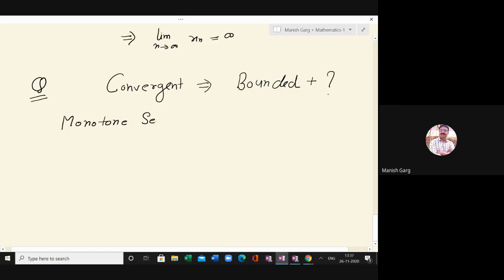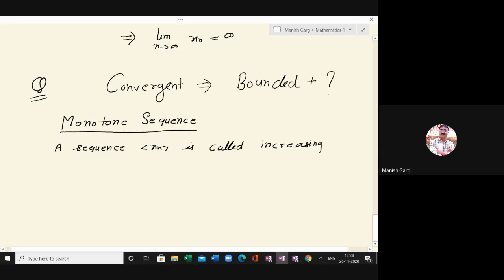Before telling you that condition, I want to give you some definitions. Monotone sequence. A sequence xn is called increasing if xn is less than or equal to xn plus 1.